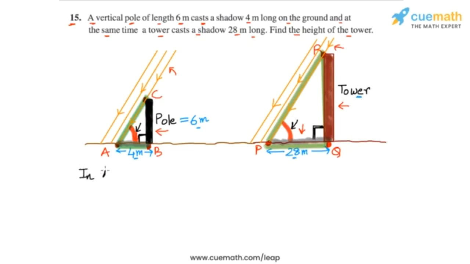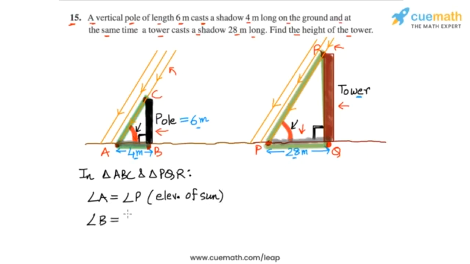So in triangle ABC and triangle PQR, these are the two triangles we are comparing. Angle A is equal to angle P, and this is because the elevation of the sun is the same, because the shadows are being measured at the same time.